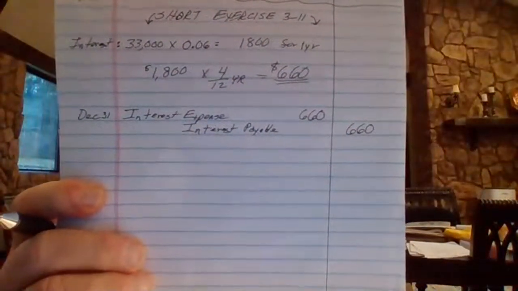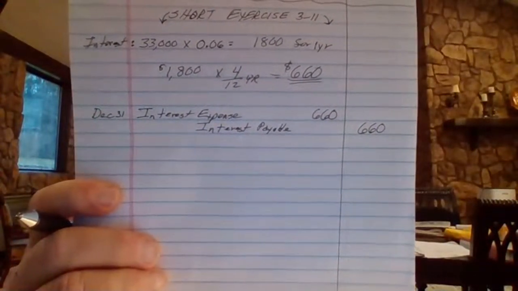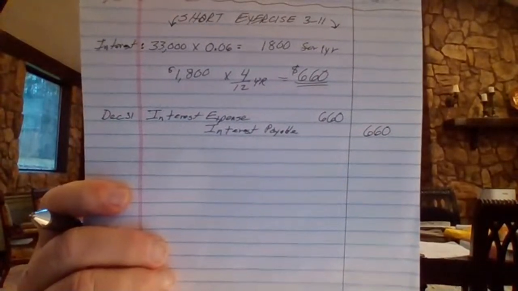And we have an accrued expense, so it'll always go to the name of the expense, followed by the word payable, so it'll be interest payable, $660. Debit to increase interest expense, credit to increase the liability interest payable. It'll be paid off when we pay the loan off in 1 year, or actually in 8 months.